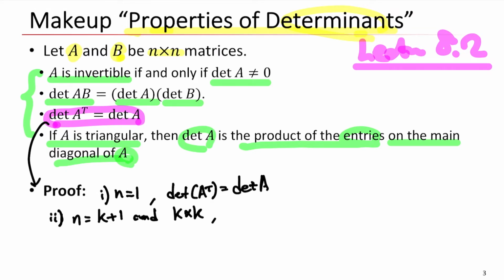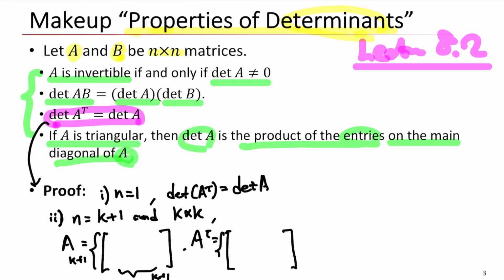In this case, consider the cofactors of A, a (k+1) by (k+1) matrix, and A transpose, also (k+1) by (k+1).